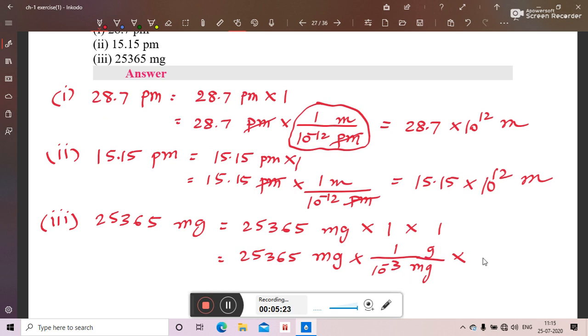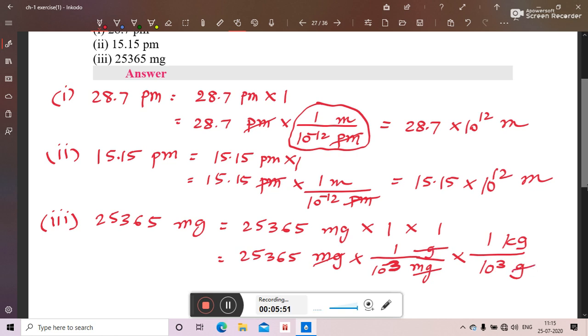Now we have to cancel gram. So we have to take the relation between gram and kilogram. Now here 10 raised to 3 gram is equal to 1 kilogram. So finally we will see that when milligram will be cancelled, 10 raised to 3 milligram equal to 1 gram. Here we have to take 10 raised to 3. So milligram will be cancelled, gram will be cancelled.